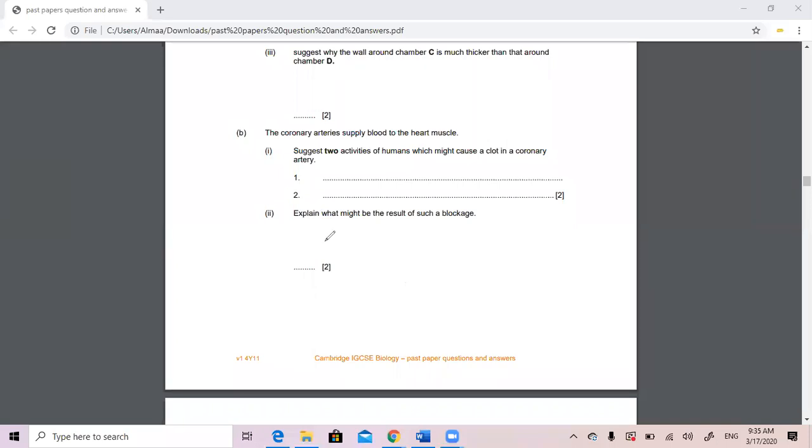Thanks. So we have lack of exercise, smoking. If we said smoking, that's okay. Excellent. Number 2, we have stress. We have fat or cholesterol in the diet.